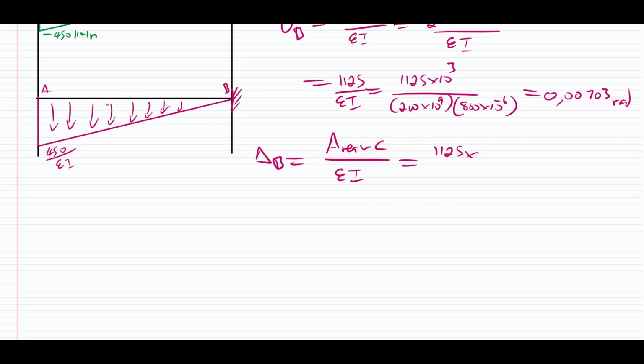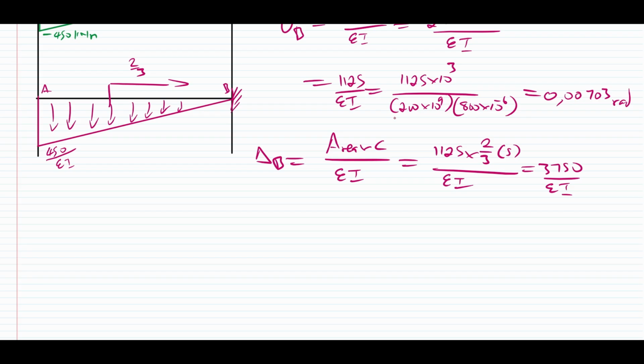Our centroid from here going towards B is 2/3 times 5 divided by EI, and we get 3750 divided by EI.